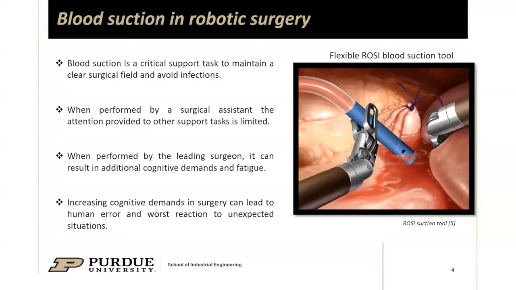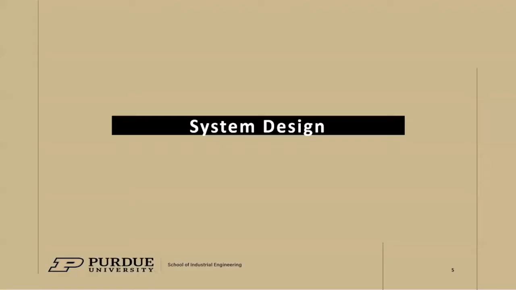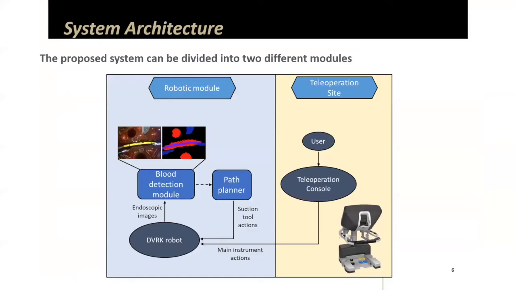To alleviate this situation, we proposed an autonomous system for the task of blood suction that can collaborate directly with the surgeon while he uses the main instrument arms of the robot to perform a task. The design of our system can be divided into two different modules.